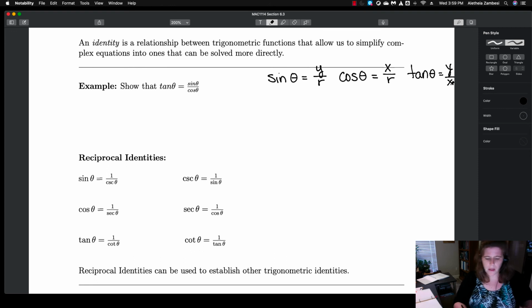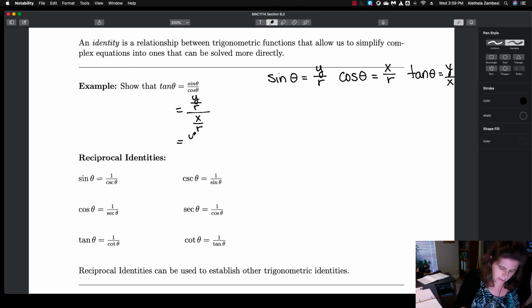So if I plug in y over r and x over r for sine and cosine, what we want to do is simplify that side. So I'm leaving the tangent theta side alone, and I'm replacing sine of theta with y over r and cosine of theta with x over r. Now if I want to simplify a complex fraction, hold the top steady, flip the bottom, and multiply.